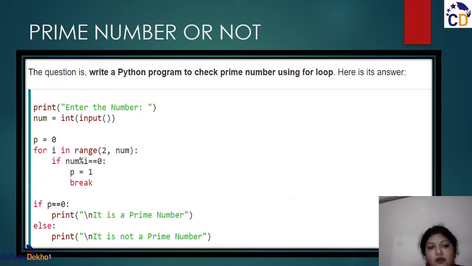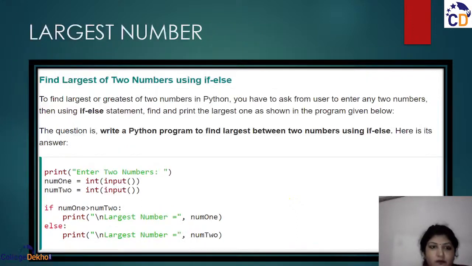If p is equal to 0, that means it is a prime number, else it is not a prime number. So this is how we use the flags and the modulus operator, the remainder operator, to check whether the number is prime or not, right?